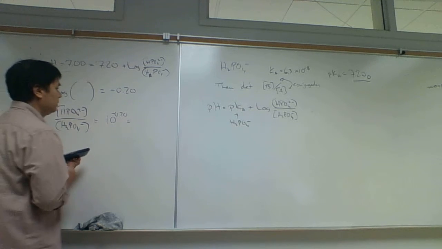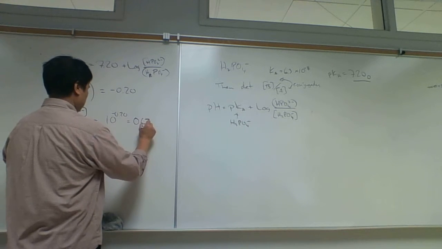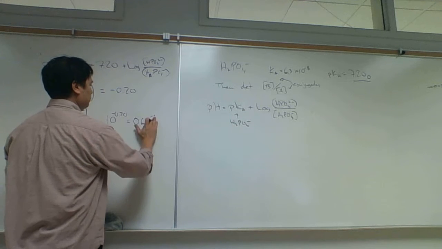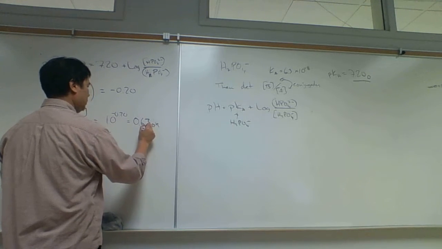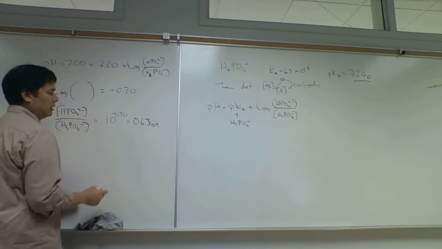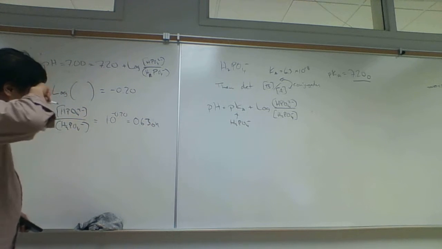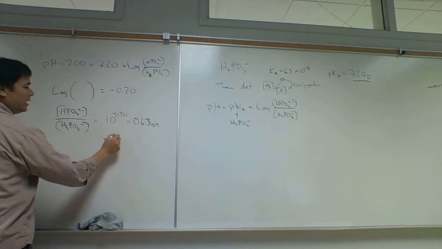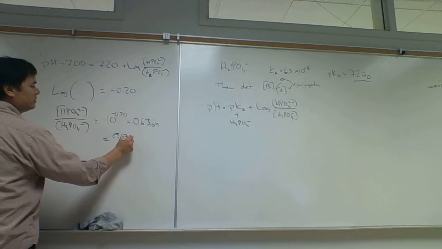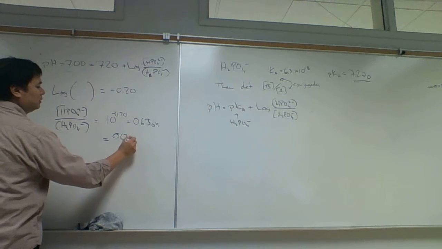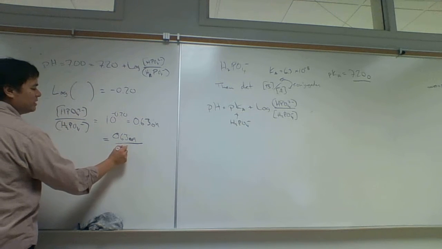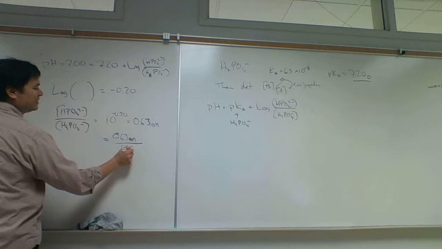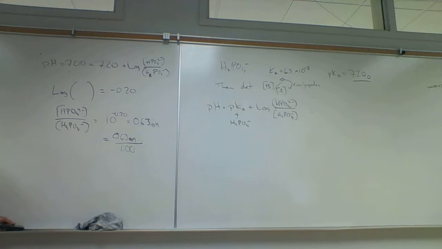0.6309. All right, so what this means is that I would have 0.6309 parts of base for every 1.00 parts of acid.